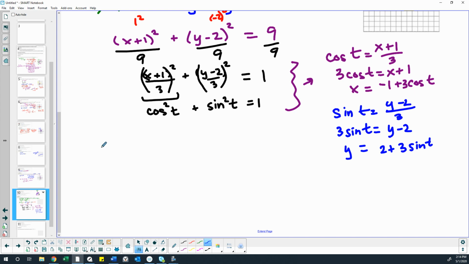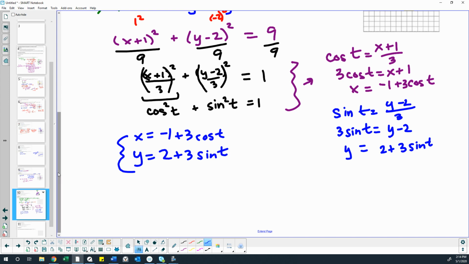So we have our set of equations: x equals negative 1 plus 3 cosine t and y equals 2 plus 3 sine t.